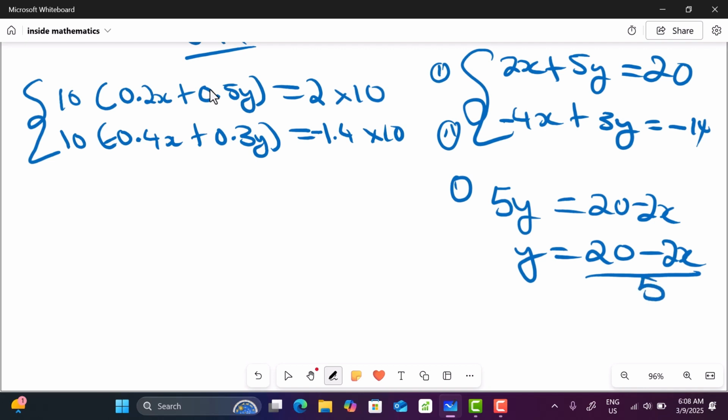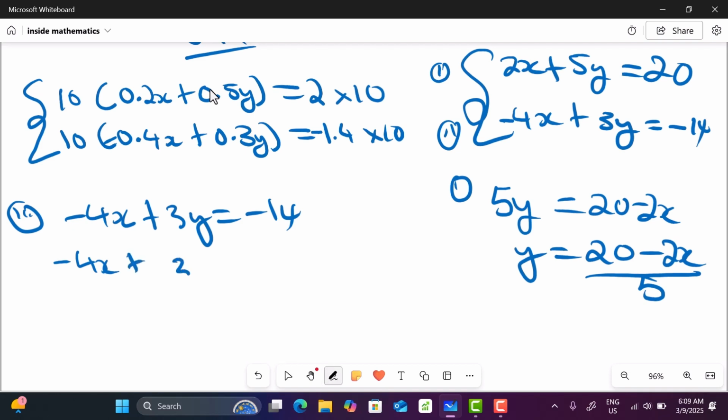In this case, we are going to take equation 2 to come up with the value of x. Negative 4x plus 3y is equal to minus 14. So we are going to say negative 4x plus 3 bracket 20 minus 2x all over 5 bracket equals minus 14.